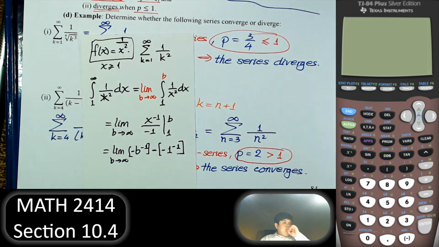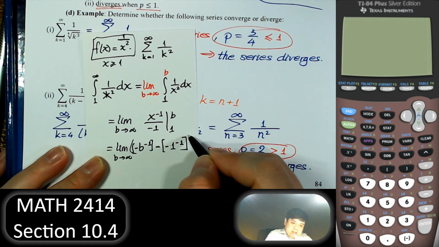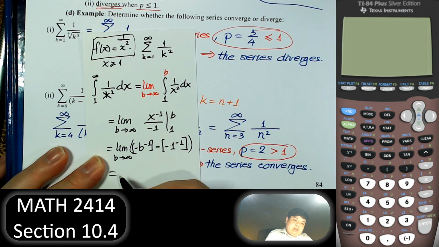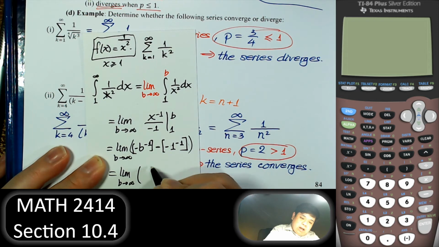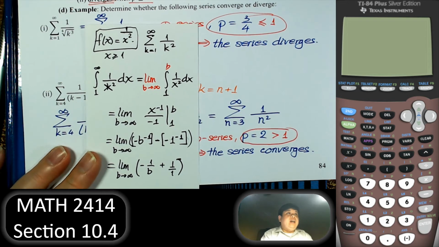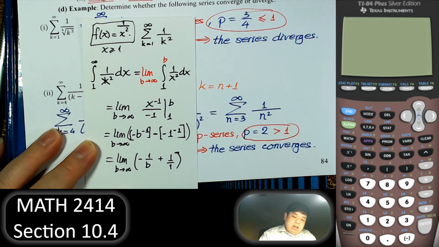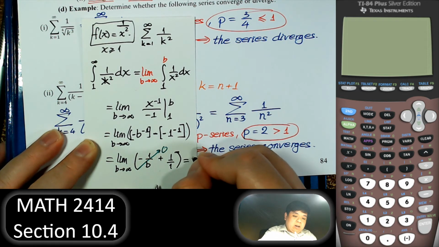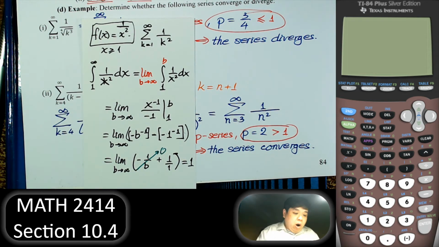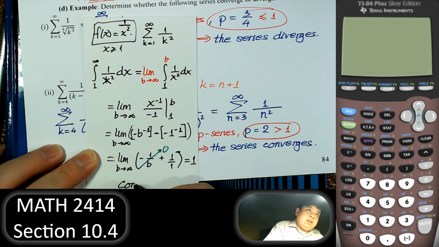Right, substitute for b, substitute for 1. That's what we have. And b goes to infinity. But before we do that, I will move the b to the bottom like that. Now since b goes to infinity, this one goes to 0 and the integral goes to 1. Since it goes to 1, it means that it is convergent.